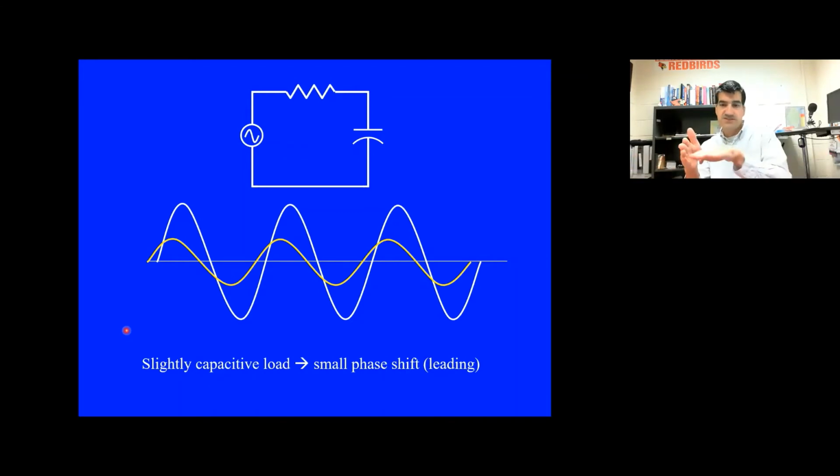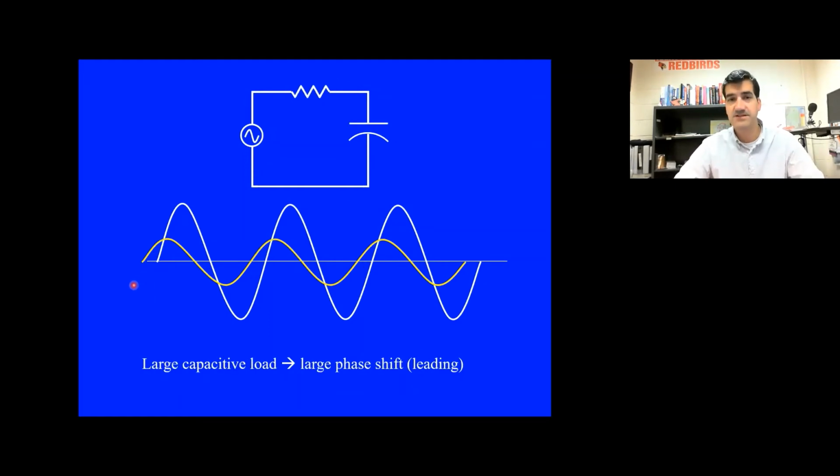So I have a large resistance and a small reactance. That's going to result in a small phase shift. Since it's capacitive, current is going to be leading the voltage. You can see here, current does whatever voltage does, but a little bit before the voltage waveform. So in this waveform, current is leading voltage by a little bit.